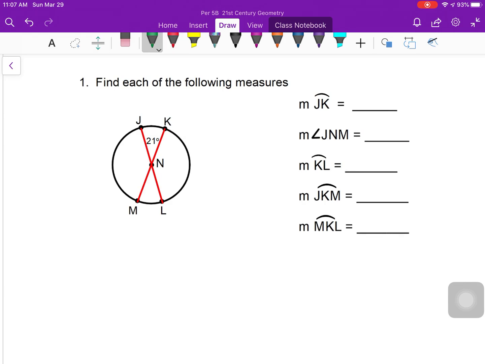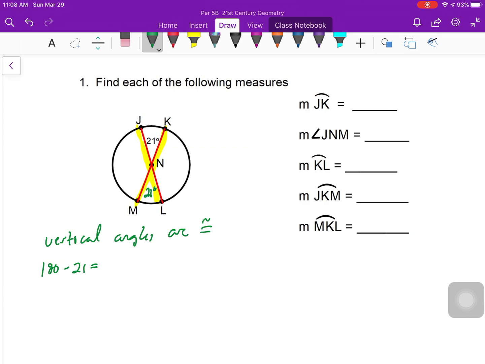Let's take a look at a few more examples. Now, we do have a pair of vertical angles here. And we know vertical angles are congruent. So that means that this one is 21 degrees.